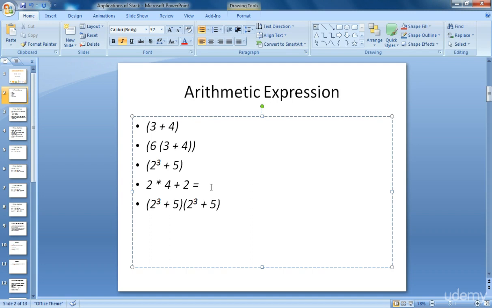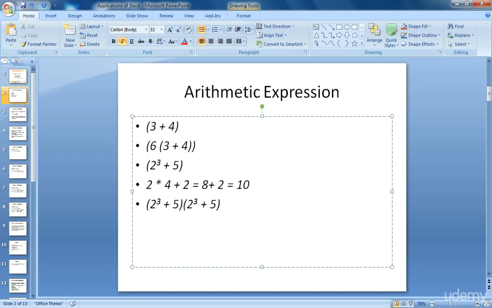As the rule says, I know that multiplication and division has higher precedence than addition and subtraction. So what I'll do is I'll first multiply these two values and then I'll add. So the result will be 8 plus 2, that equals 10, right?